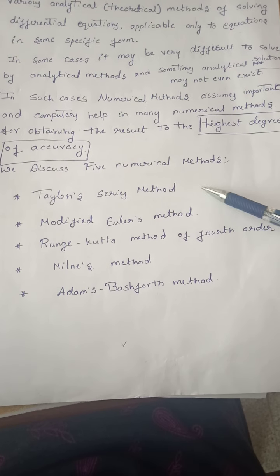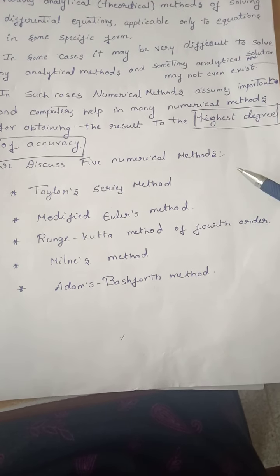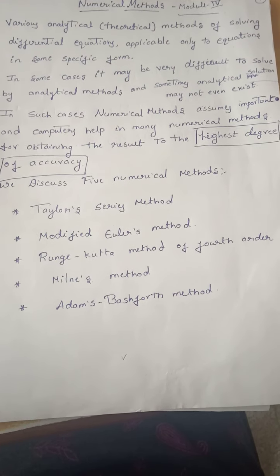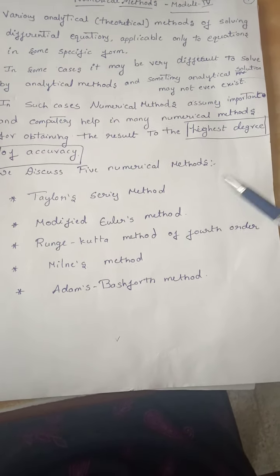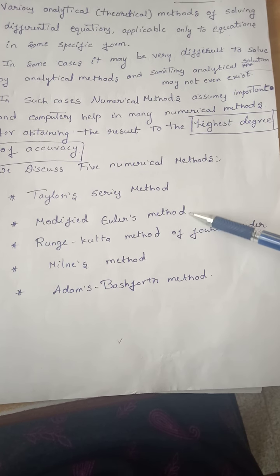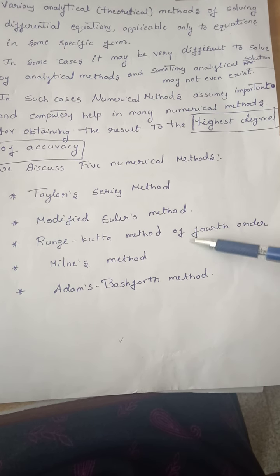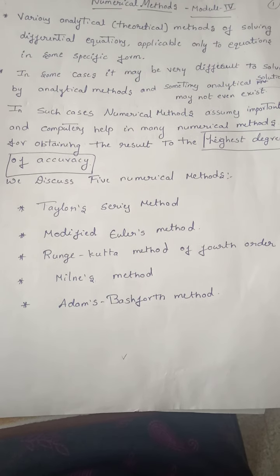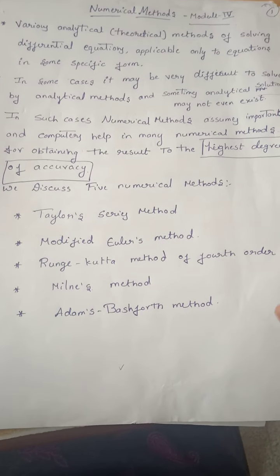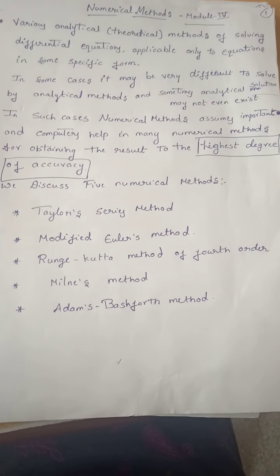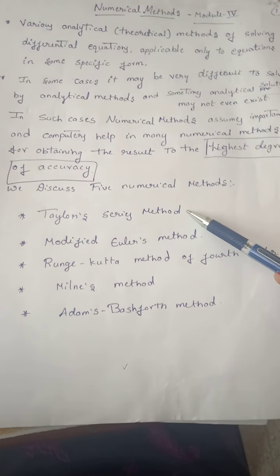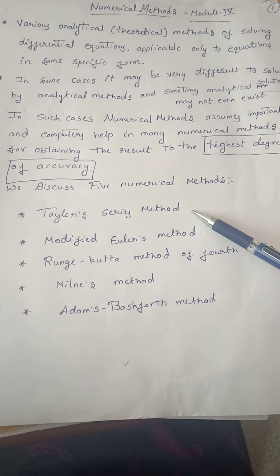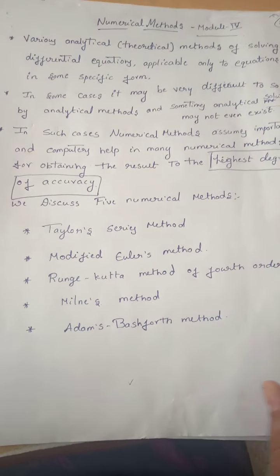All these derived different formulas to solve the ordinary differential equation when initial conditions are given. If you apply any of these five methods, we get the same answer for the differential equation given in the problem. But in the examination, if they mention the Taylor series method, you have to follow the Taylor series method and solve the problem like that.